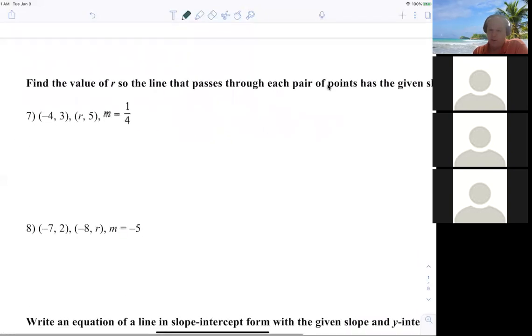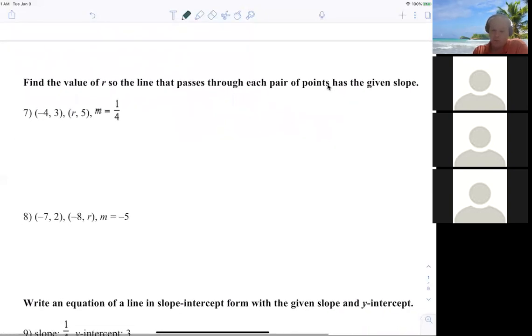Now on these problems, what they're telling you is they're missing the x coordinate. Now, personally, I think they should just make that x. They're asking you, if the slope is 1/4, then what's this x value? So again, we're just writing m equals y2 minus y1 over x2 minus x1.